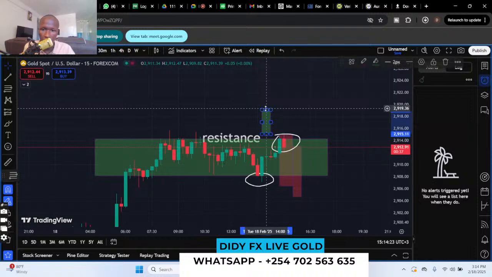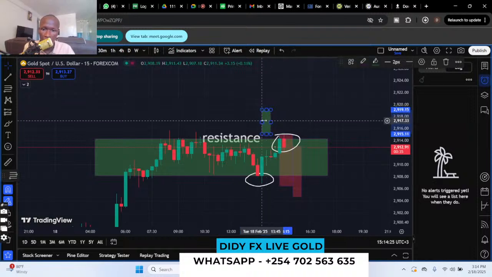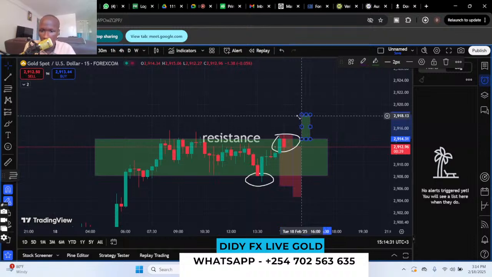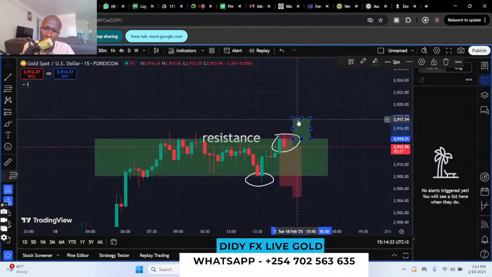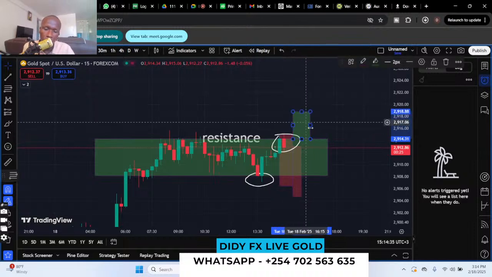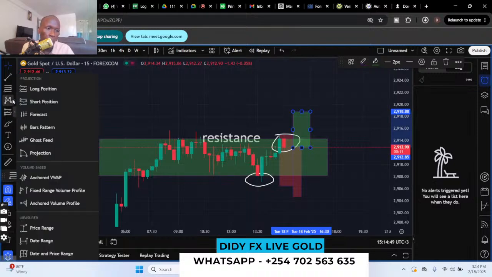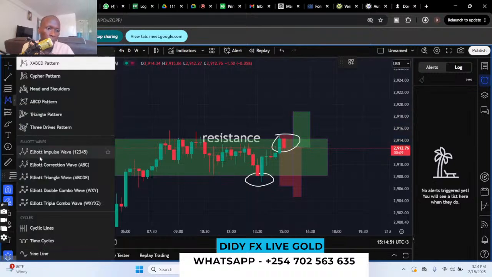If the market breaks above my consolidating zone, and the price closes with a candle, a very strong candle, not really strong, but a nice candle that closes above this area with a body, not a wick, I said we don't get confirmations from wicks, we get confirmation from the body. So if it closes above this area with a body, then this is what we are waiting for. This is what we expect.